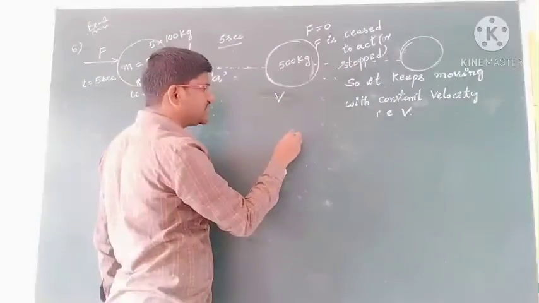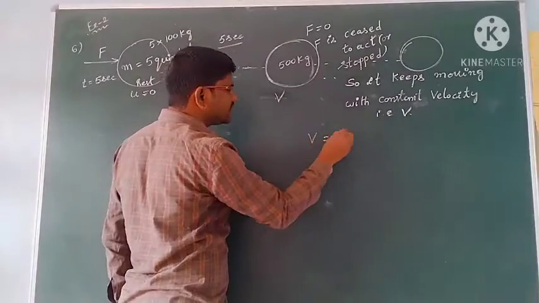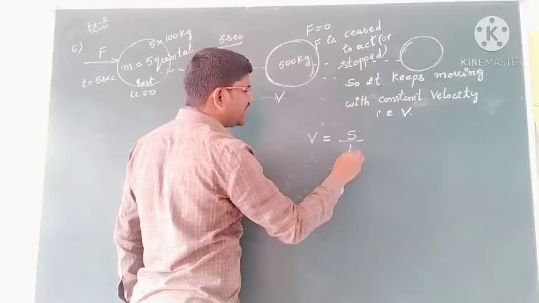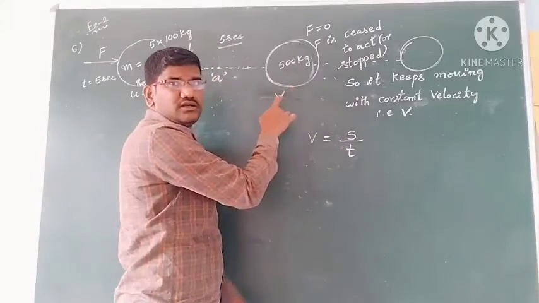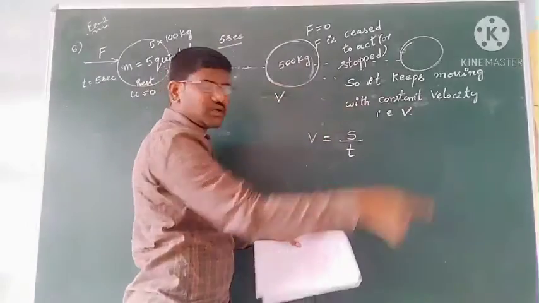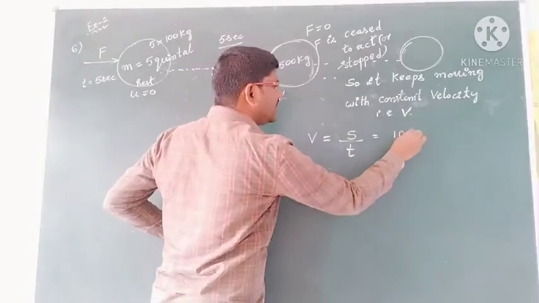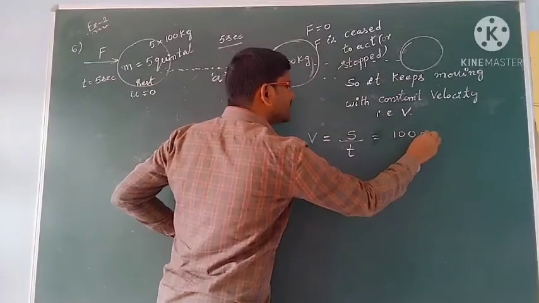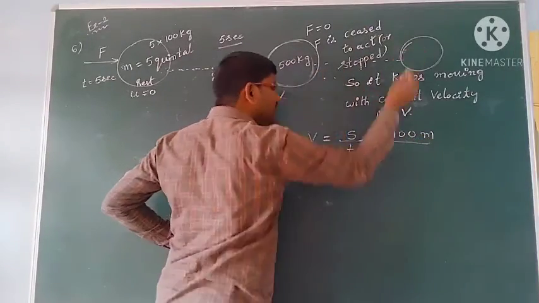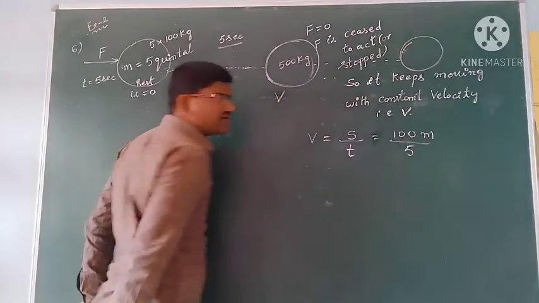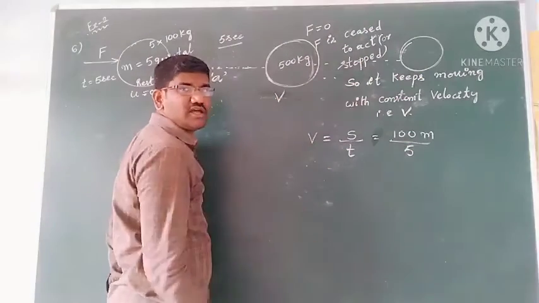Velocity is constant, so we can write velocity is equal to displacement by time, and the force has ceased to act. It is moving with a constant velocity, and with that velocity, it traveled 100 meters in the next 5 seconds. So I am using v is equal to s by t.